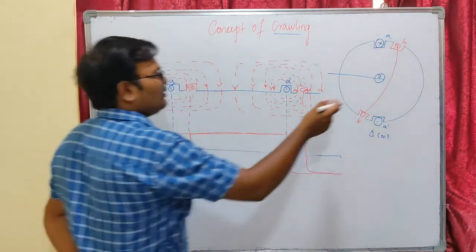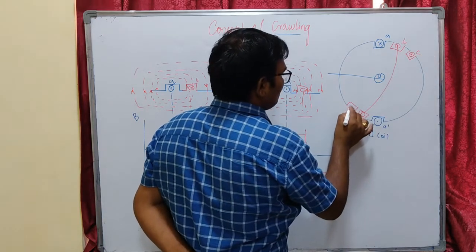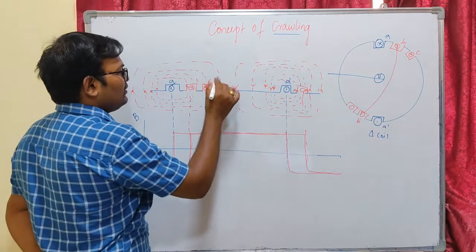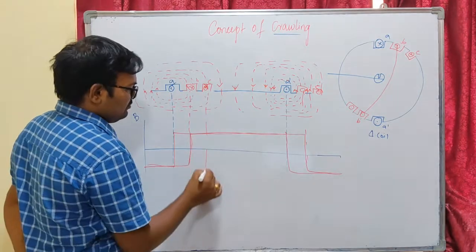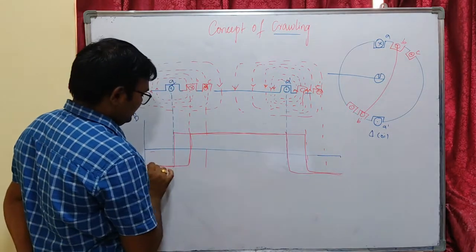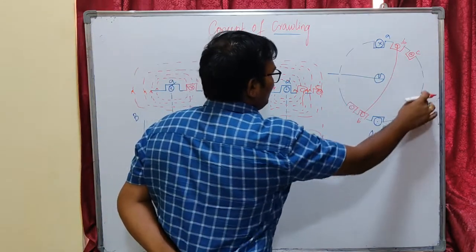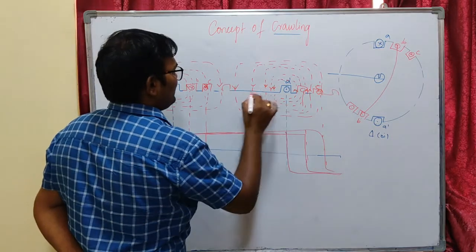Now let me add another coil, C, and C dash. What will be the flux waveform for this? That will become like this. If you keep on increasing the number of slots on the periphery, the MMFs will be like this.